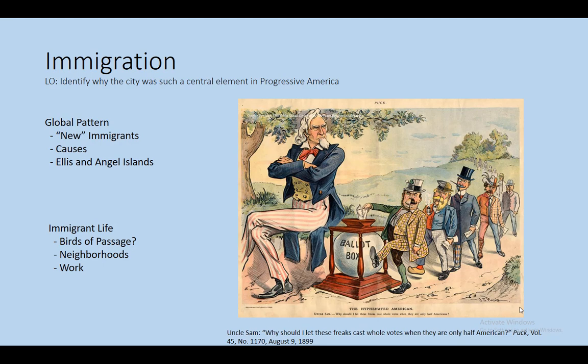So you have people being conscripted into armies. They're fleeing that. You have an uptick in anti-Semitism in Eastern Europe and Russia in particular, where you see Jews being attacked, so they're fleeing that. So there's lots of reasons why immigration patterns are changing during this time period.